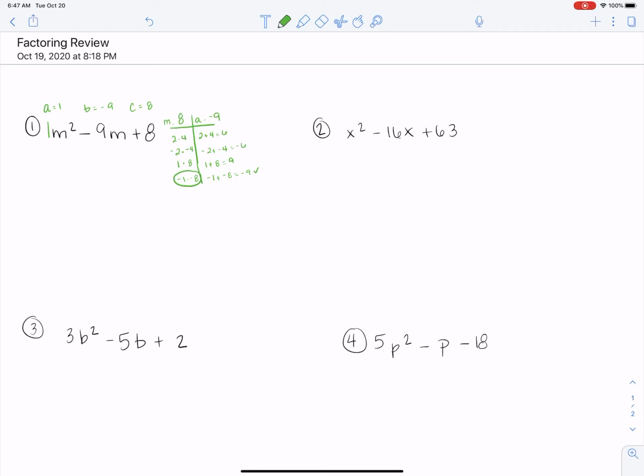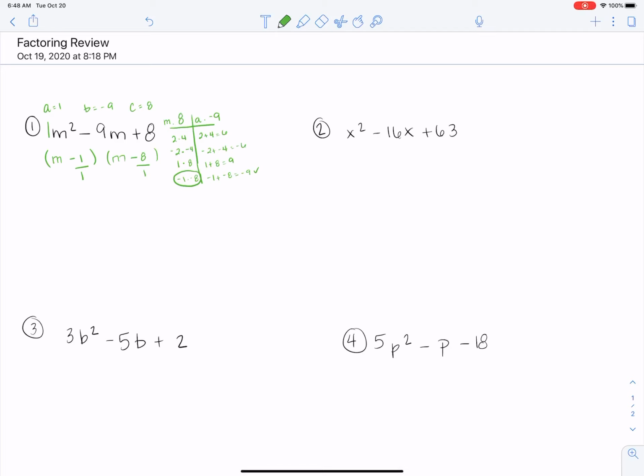Now you come over to your original and you build two binomial pieces. So we're going to have two sets of parentheses. The letter is always going to go first, and then the two numbers that you found are going to go last. So -1 and -8. Okay, last step. You're going to come back to A, divide these by A, and then simplify.